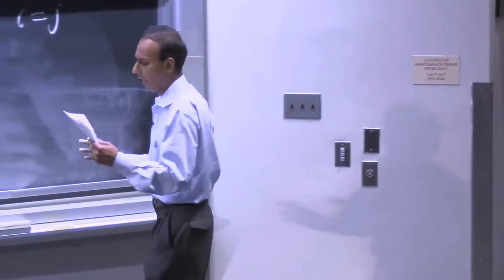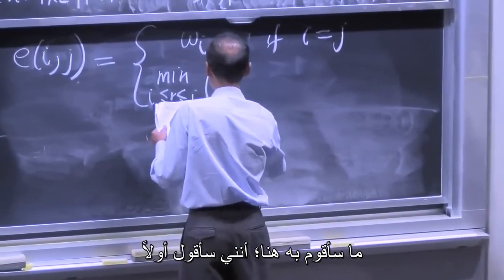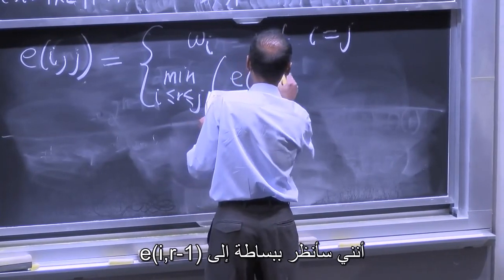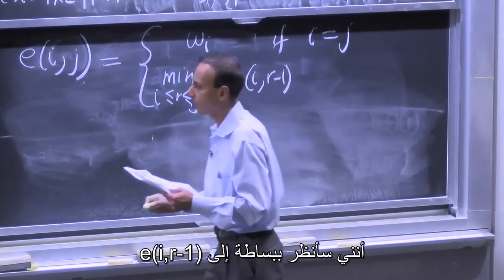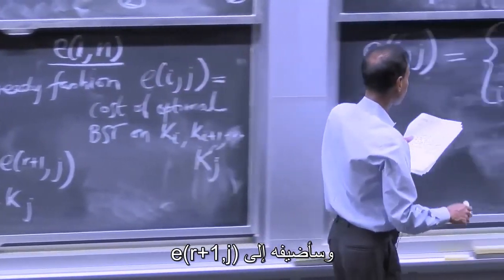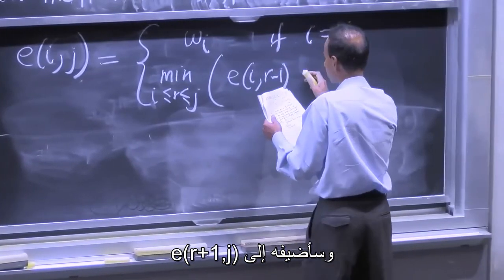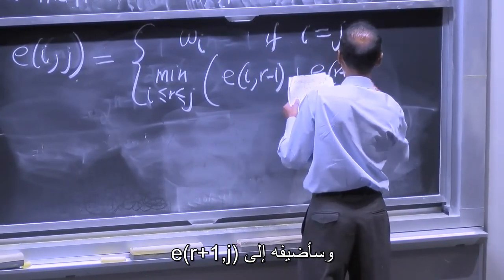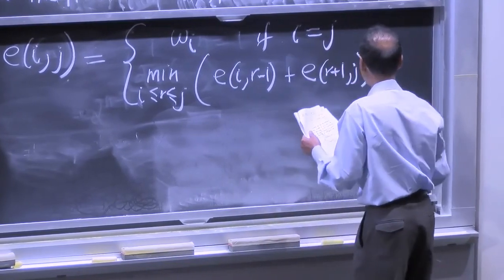Okay? What I'm going to do here is I'm going to simply say first that I'm going to look at E[i, r-1], which corresponds to this, and I'm going to have plus E[r+1, j]. Okay?